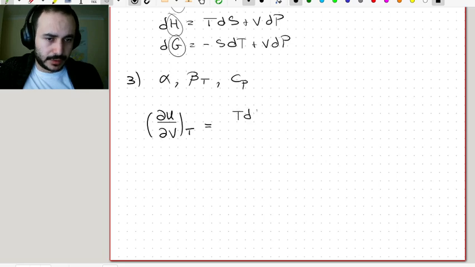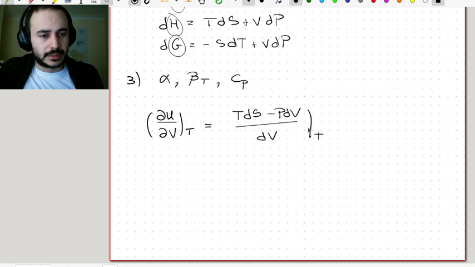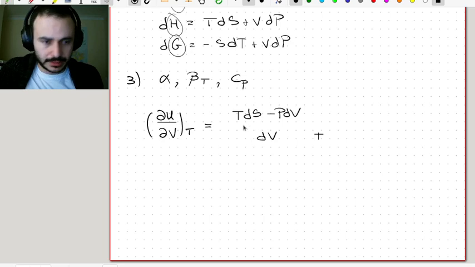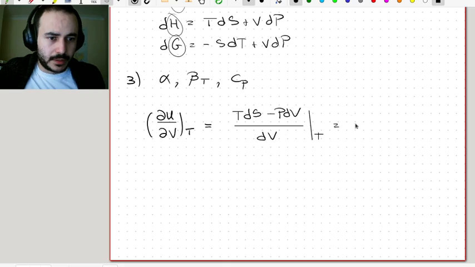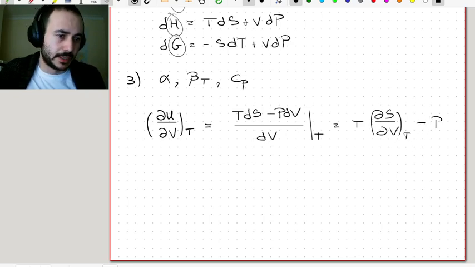That would be TdS minus PdV divided by dV at constant T. This is not the mathematically nicest way to do it. A mathematician would probably not like this, but we are not mathematicians, we are physicists, so we don't care. Here we operate and we find the partial derivative of S with respect to volume at constant temperature, and this dV goes with that dV and we get minus P.